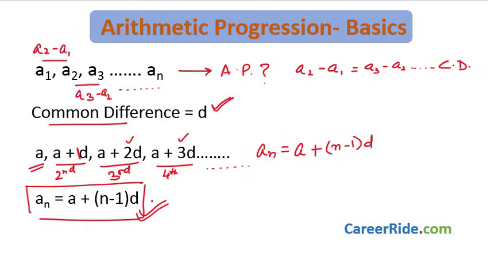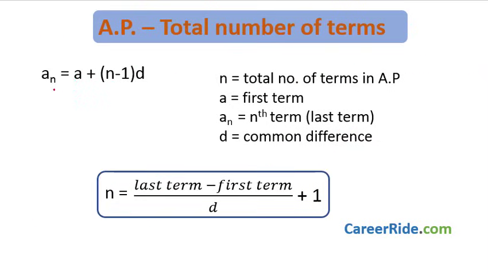Okay, let's see more. We just saw that the nth term, that is an of a series, is equal to A plus n minus 1 into D. Now, can I try to rearrange the things a little here? Of course I can. So can I write n minus 1 multiplied by D is equal to an minus a, and I can further simplify it to write it as n is equal to an minus a upon D plus 1.